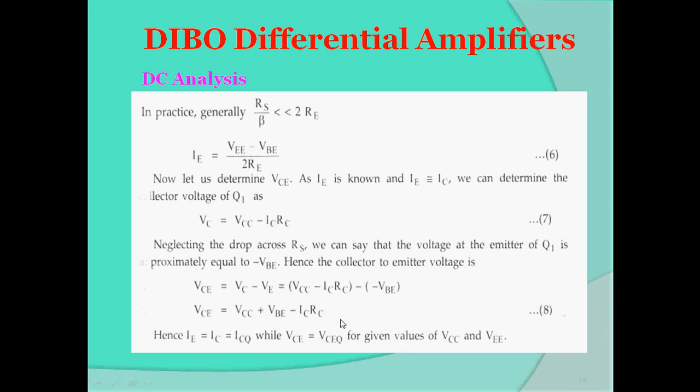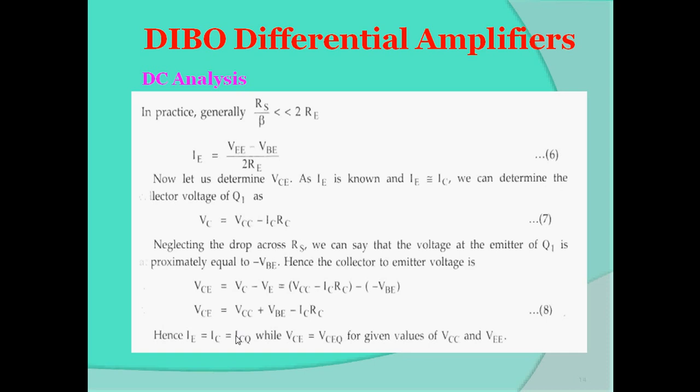Hence, we can write IE is equal to IC is equal to ICQ, while collector to emitter voltage VCE is written as VCEQ for the given values of plus VCC and minus VE voltages.